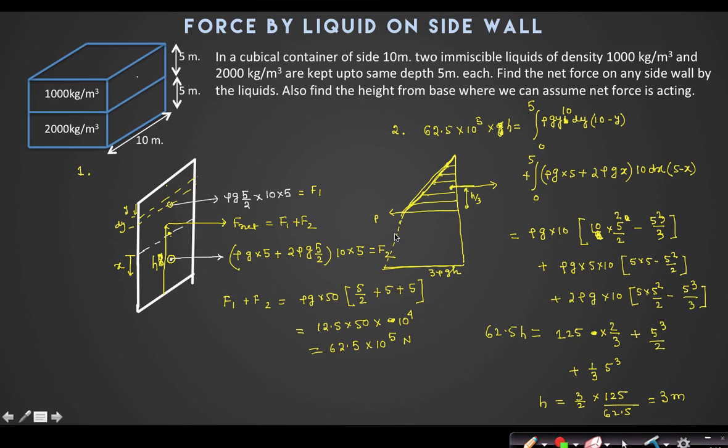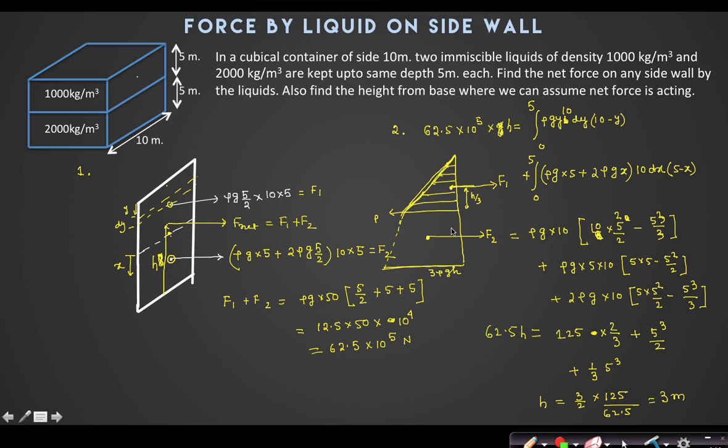Yes, this line will be more inclined as the pressure increases, drastically. And the center of this you have to calculate. F1 will act from here and F2 will act from there. Then you can take the discrete forces and just calculate the net force.